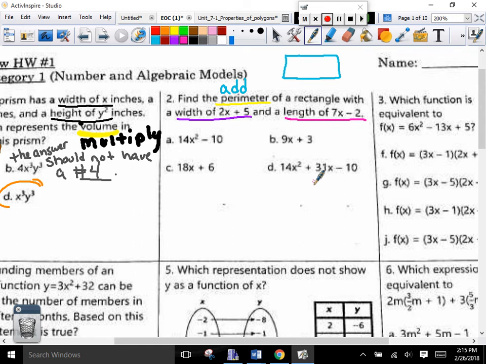So I am going to place those onto my rectangle. If the bottom is 7x minus 2, that means the top will be 7x minus 2. Then I go with my width. If the right side is 2x plus 5, the left side will be 2x plus 5.